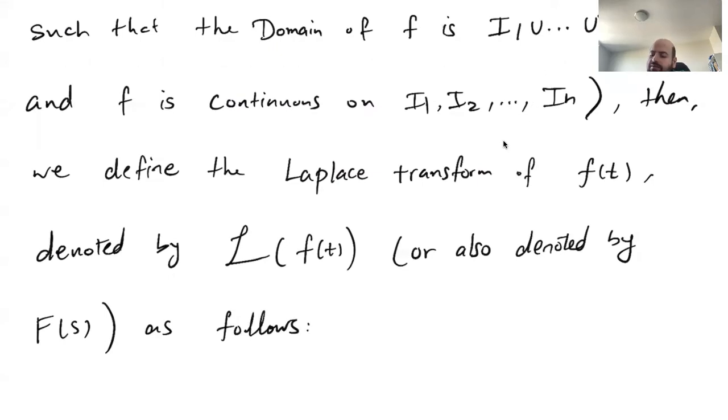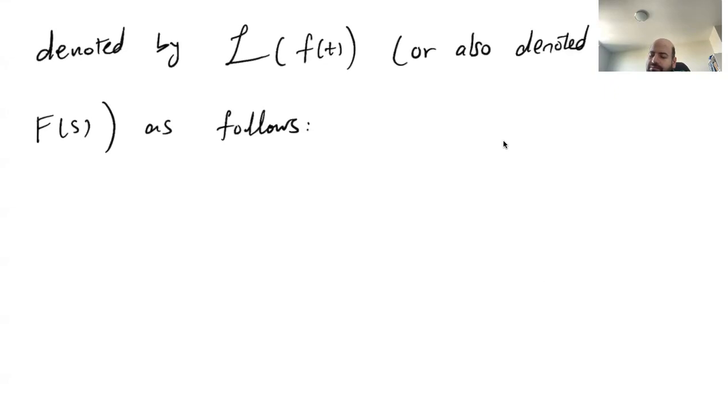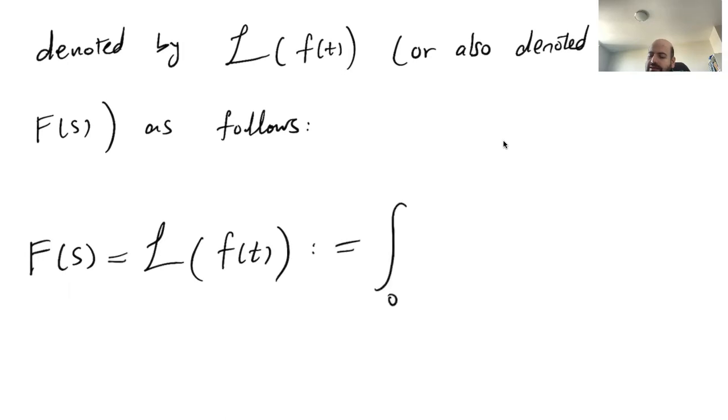The Laplace transform of f of t is defined as the integral from 0 to infinity of e to the power minus st times f of t dt.